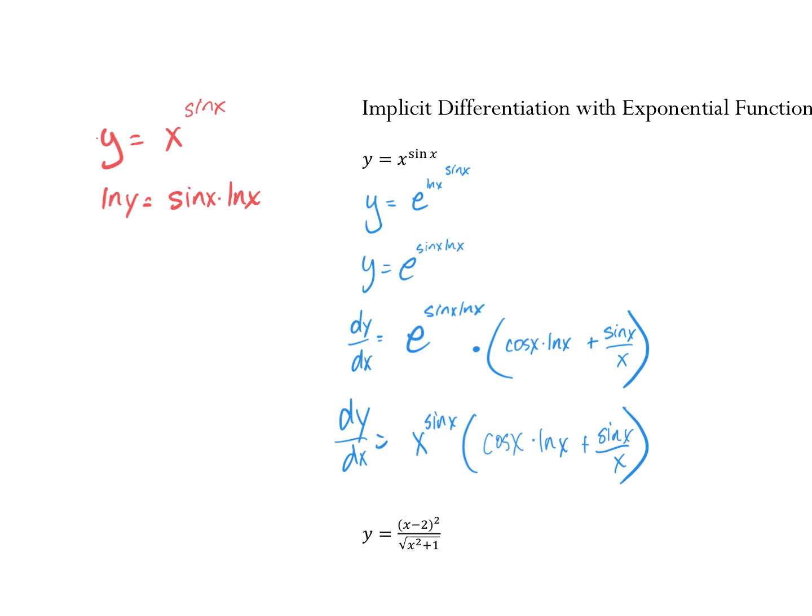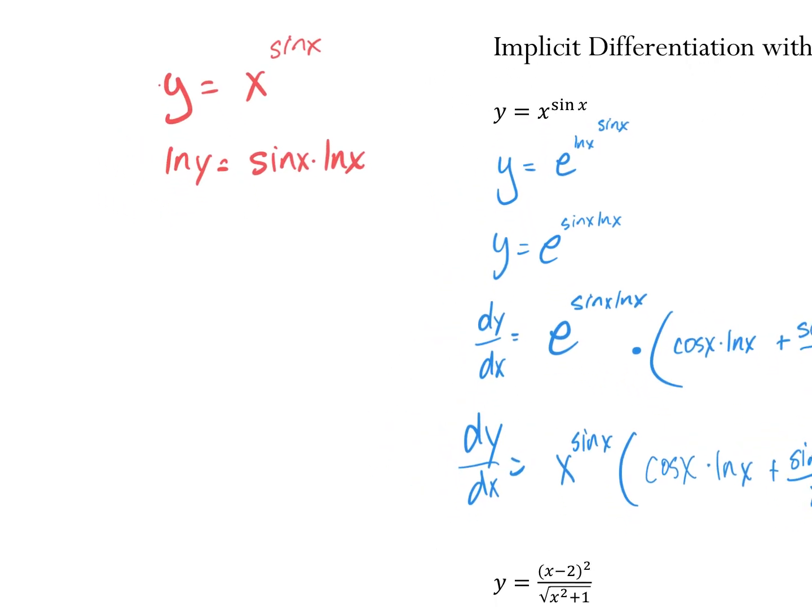Okay. Now, if I did this, and I asked you guys to take the derivative, what would you say? 1 over y dy dx equals what was in the parentheses: cosine of x times the natural log of x plus sine x over x. So what would I need to do to find dy dx?